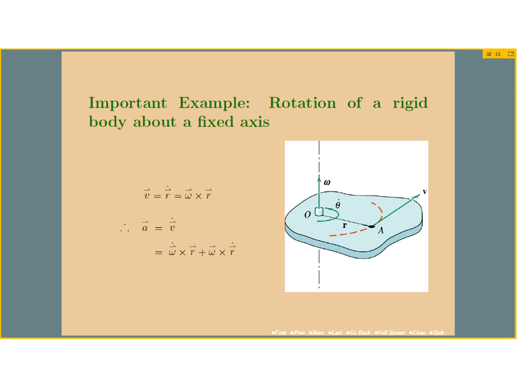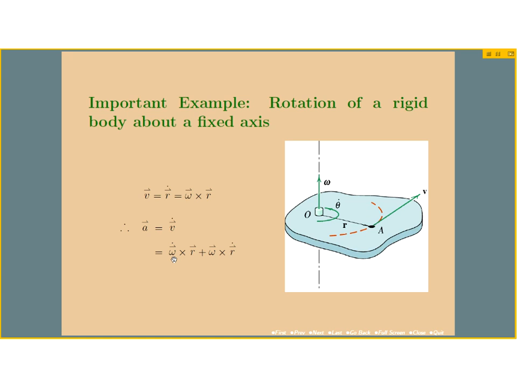Now, it is true that the cross product satisfies the product rule of differentiation. So it means that the time derivative of the cross product would be the time derivative of the first factor cross the second factor, plus the first factor cross the time derivative of the second one, which is what I've expressed in this equation.